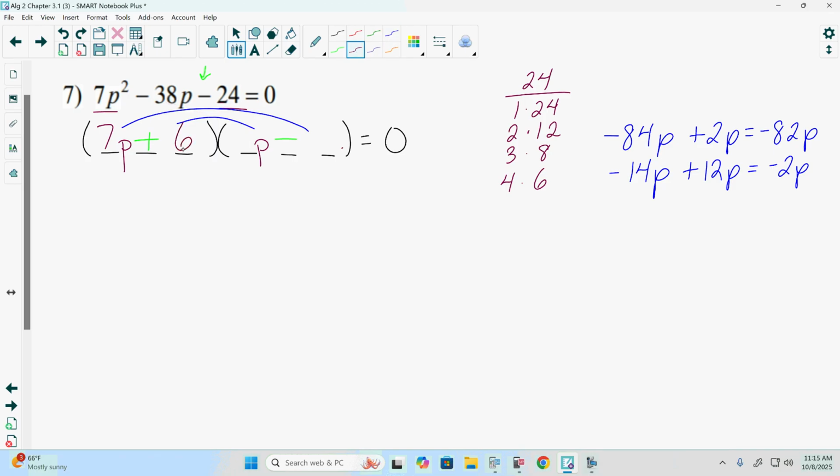I'm going to stick the 6 with 7, 4 with the p. 7p times negative 4 is going to be negative 28p. 6 times p is going to be plus 6p, giving us negative 22p. Not quite what we wanted.